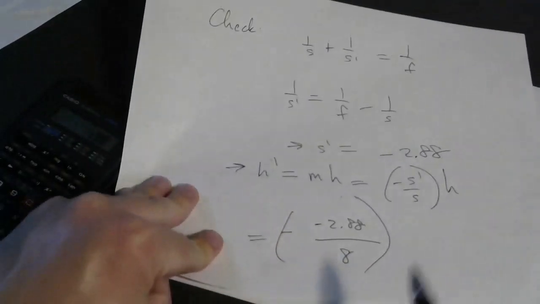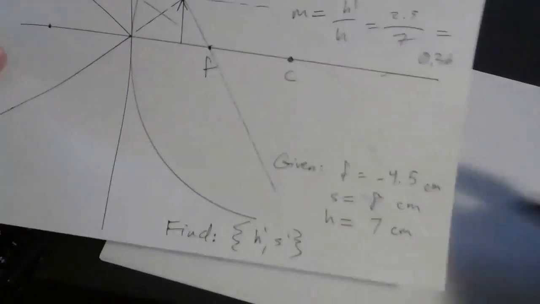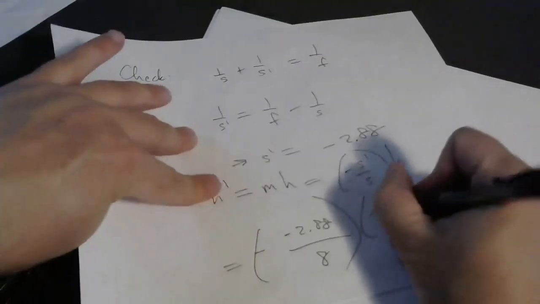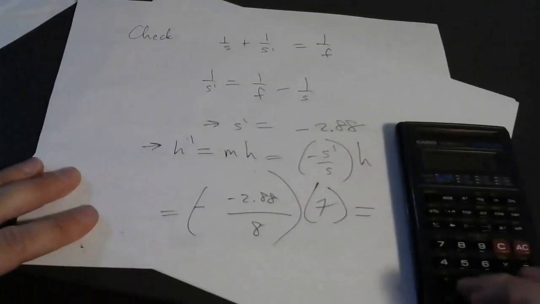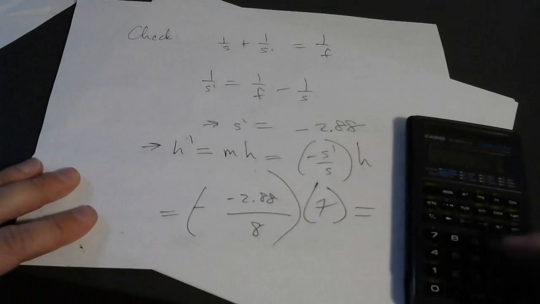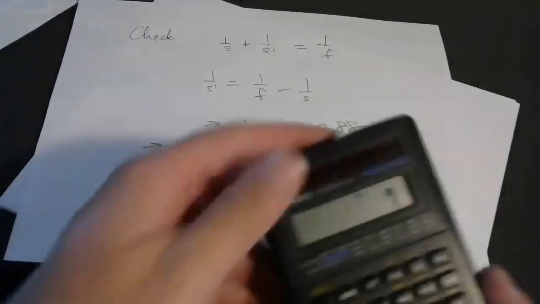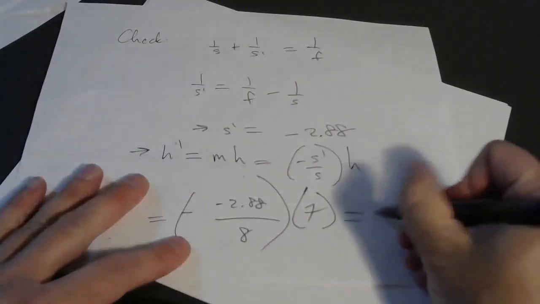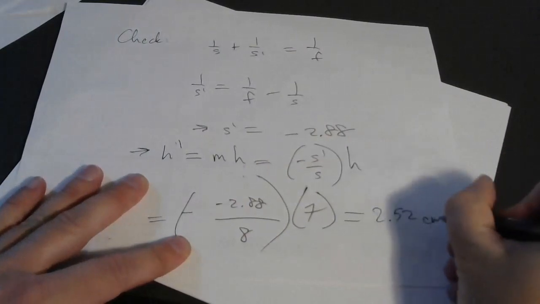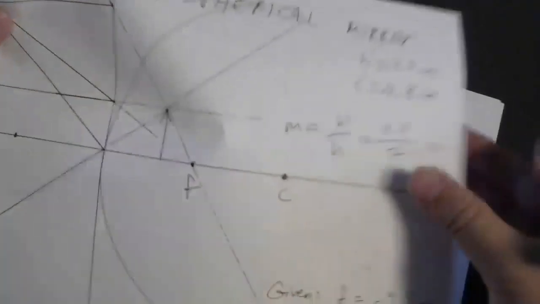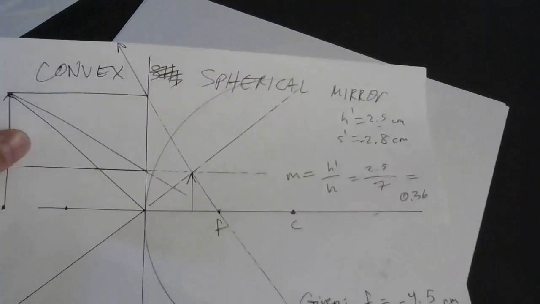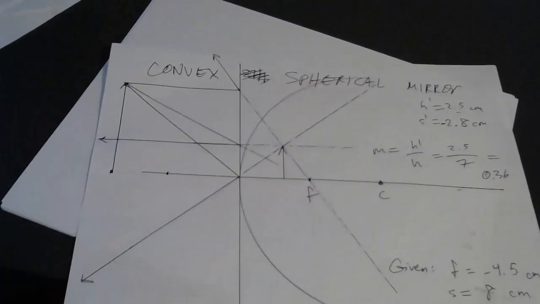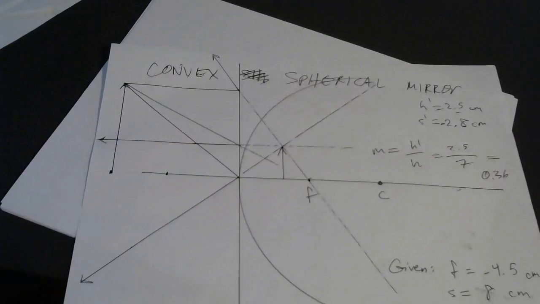Notice it comes out positive, it's an upright image, times the object height of 7. So without ray tracing, just using the equations alone, I find 2.88 divided by 8 times 7, that the image height should be 2.52 centimeters, which is pretty darn close. You know, for two sig figs, they agree exactly. That's really nice when your ray tracing gives you the same results as the equation.